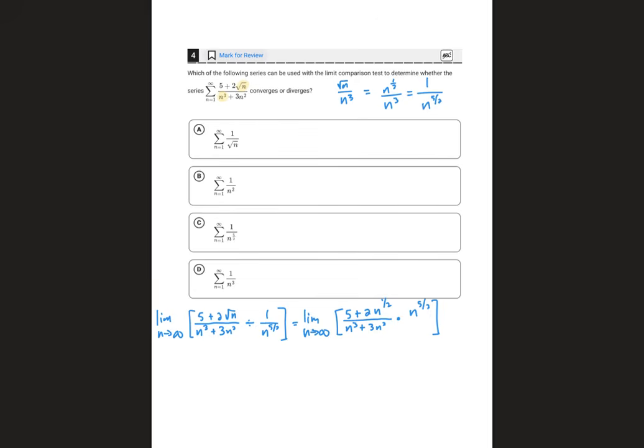Okay, if we distribute this n to the 5/2 to the numerator first, we'll get, and then n to the 5/2 times 2n to the 1/2 is 2n cubed. And the bottom will stay the same.